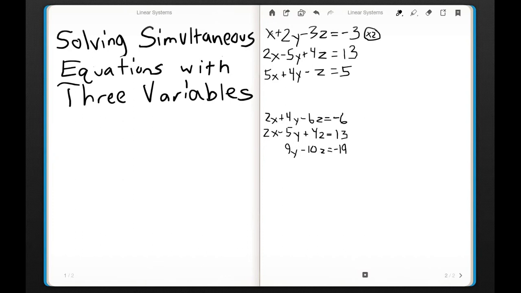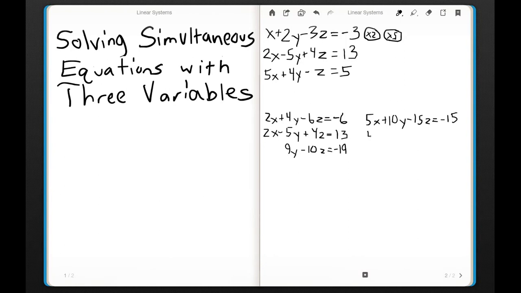So if we look at the x's here, we have x and 5x. So in order to have 5x in both, we're going to this time be multiplying the first equation by 5. So we will have 5x plus 10y minus 15z equals -15.